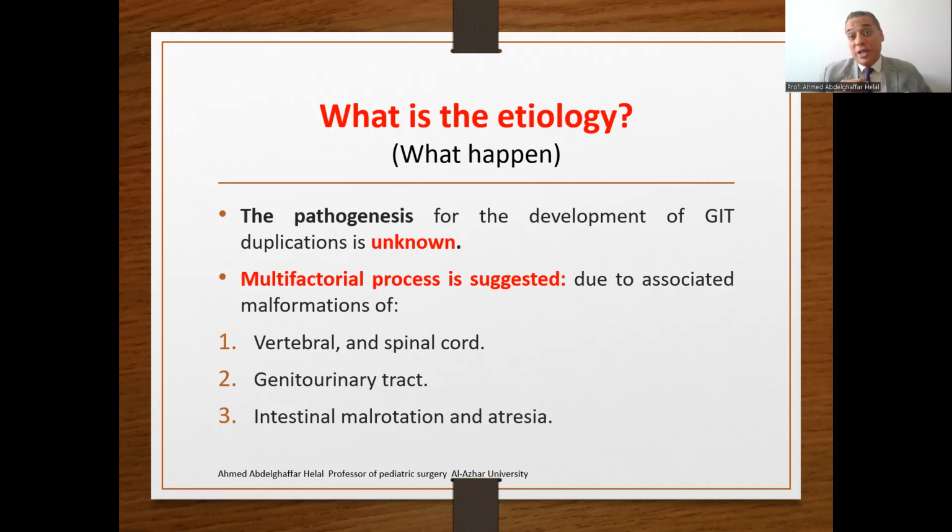It may be related to genitourinary tract anomalies associated with this duplication, and also intestinal malrotation and atresia may be associated with the duplication. The pediatric surgeon should be aware of this association to search for the presence or absence of associated anomalies in about 20% of cases of the duplication.